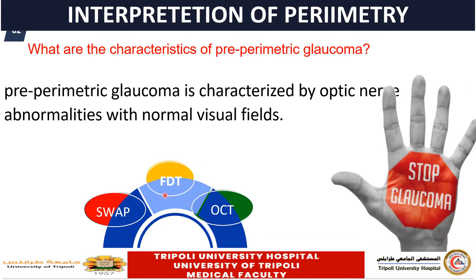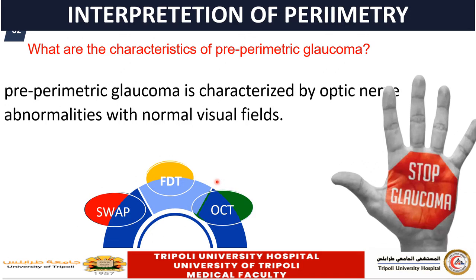So our aim is detection of glaucoma in the pre-perimetric stage, that's before the changes occur in the perimetry. Because as we spoke before about the functional-structural relationship, at least 40 to 50% of the retinal ganglion cells will be damaged before the initial visual field changes, even with early detection of the visual field. So the functional changes in the retinal sensitivity appear late as compared to the structural changes detected by OCT.